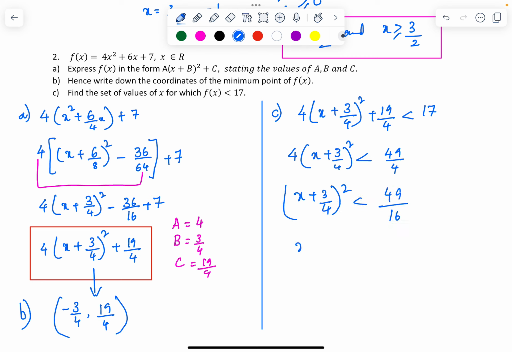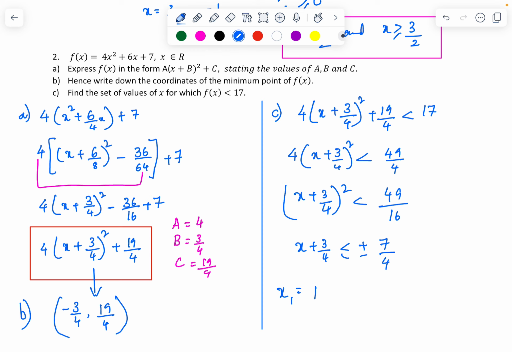Then I'm square rooting on both sides. Then it gives me plus or minus square root of 49 over 16, which is 7 over 4. Then x1 equal to 7 over 4 minus 3 over 4, which is 1.